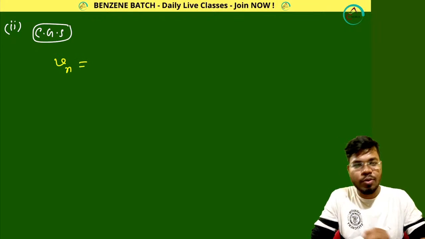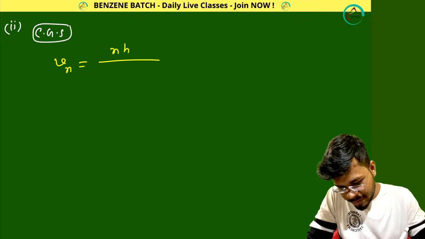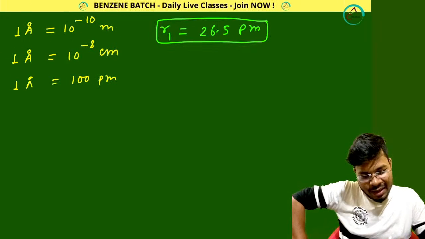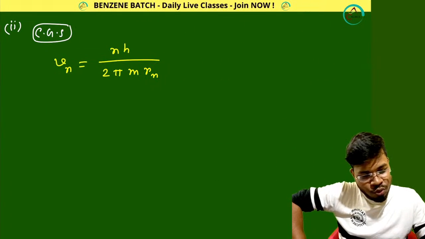Vn, the formula in CGS unit, is nh divided by 2 pi m rn. I already calculated the value of radius, so why would I put the r value again? This is true for n equals 1 and the helium atom, that means Z equals 2.